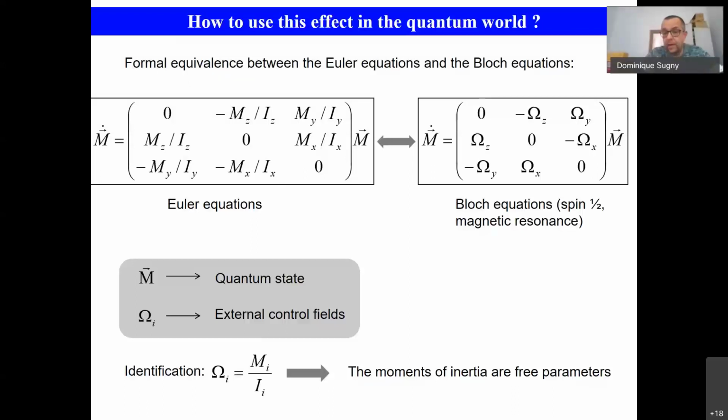And for sure, the moments of inertia do not mean anything in quantum physics. Here, we will use the moments of inertia as three parameters in the control of a qubit. I'm going to discuss this point in the next slide.